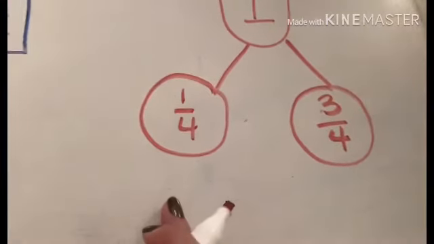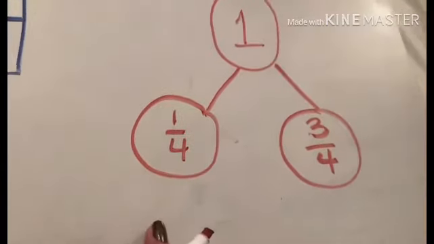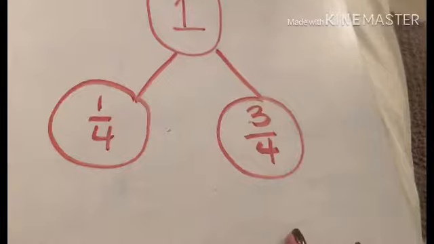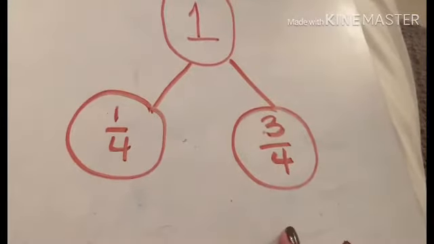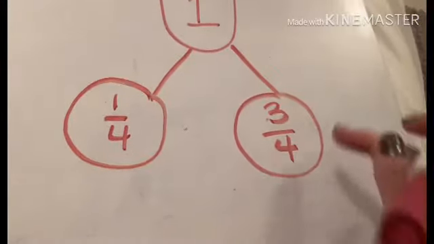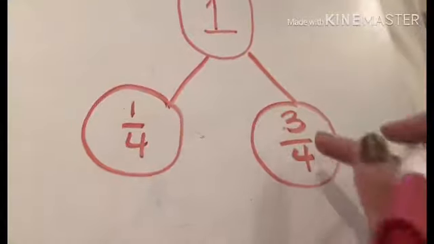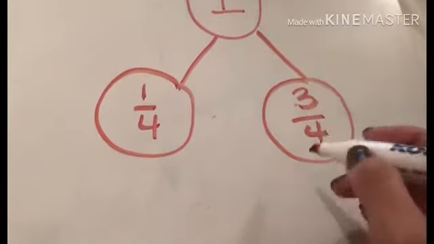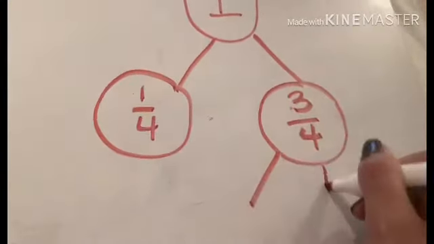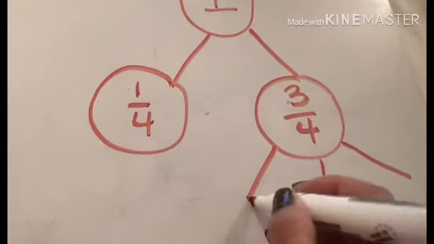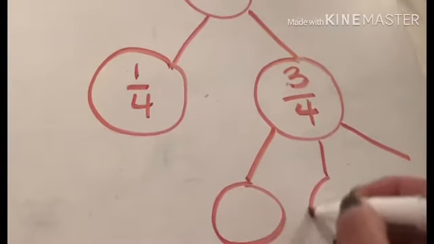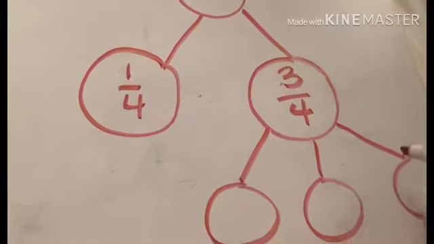Now, this is a unit fraction. We cannot make it any smaller, right? But on this one, I know we can make it smaller. How? Because right here, I have 3 unit fractions together. So I have 1, 2, and 3 unit fractions. So 1 bubble, 2 bubbles, 3 bubbles.